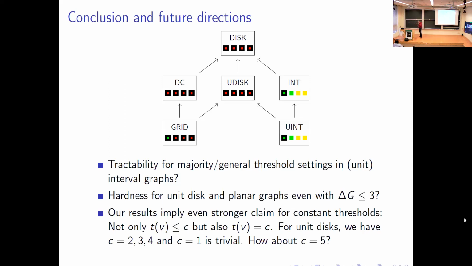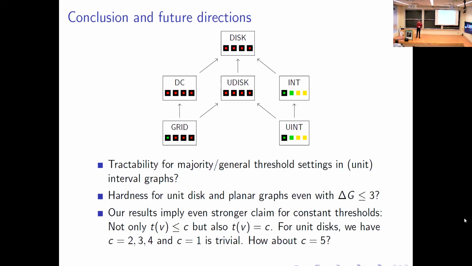And also, there's another direction to follow. We, in fact, not only have thresholds at most C, but we have thresholds exactly C. So I showed you how to do C equal to 3. The very same idea holds for C equal to 4, but you start the reduction with 4 regular graphs, not 3.